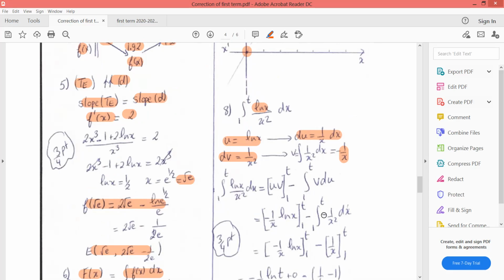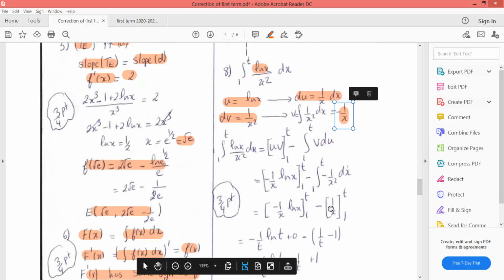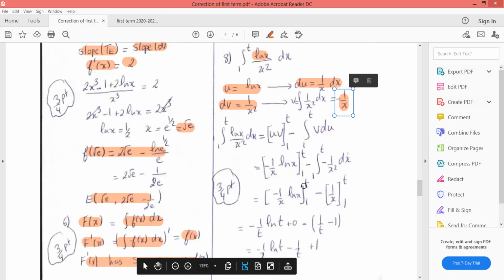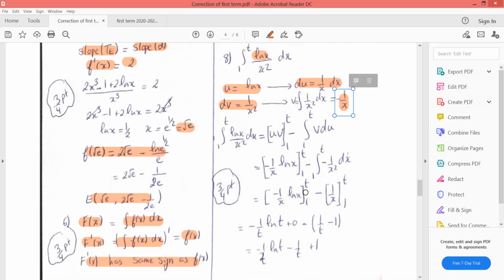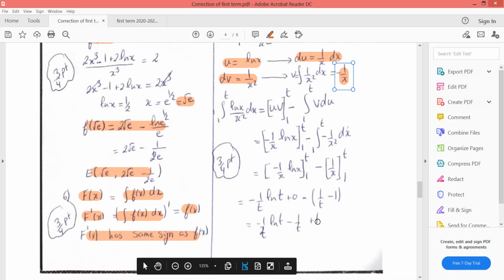Minus times minus gives plus, and the integral of 1 over x squared, as we saw here, gives minus 1 over x. First we replace x by t: minus 1 over t ln t. We replace x by 1, we get 0. Then minus 1 over t minus 1. So minus 1 over t ln t minus 1 over t plus 1.